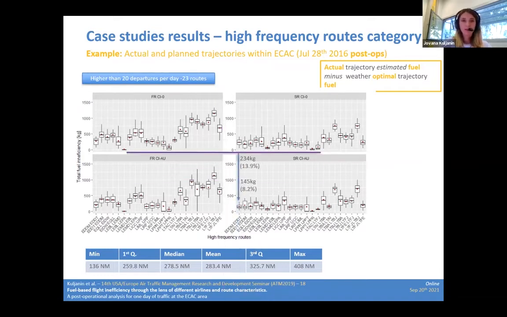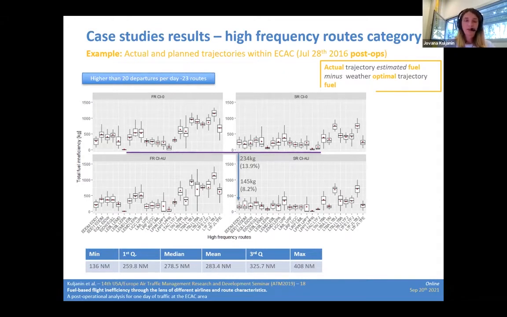And finally, one nice remark here, for example, for the route between Berlin and Munich, if we take into account the structural route and cost index 0, we will have the fuel efficiency of 200 kilograms.